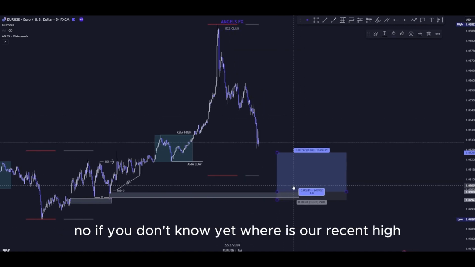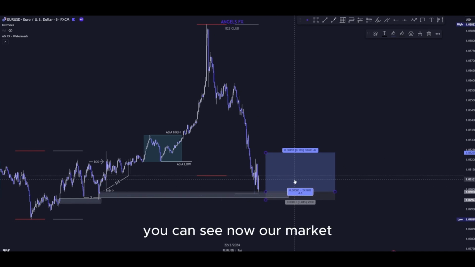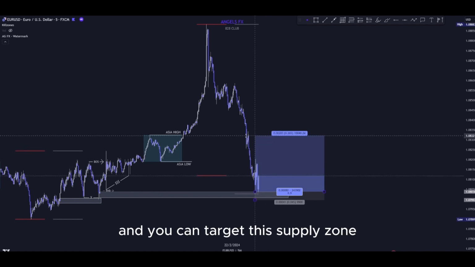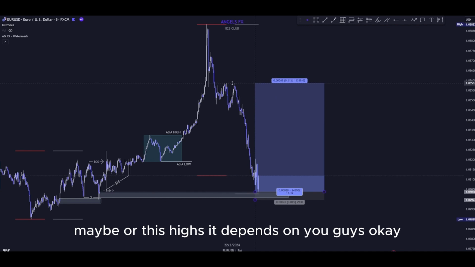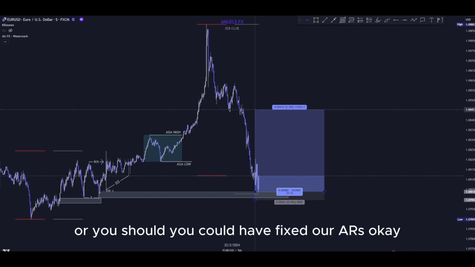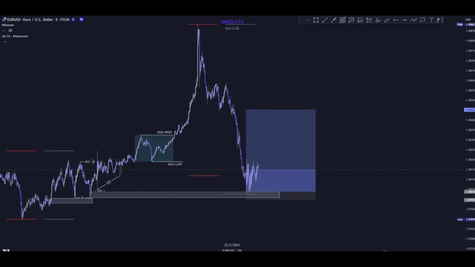You can see now our trend has been activated, and you can target this supply zone maybe or these highs. It depends on you guys, okay? Or you could have fixed RRs, okay? Let's target this 1 to 10.